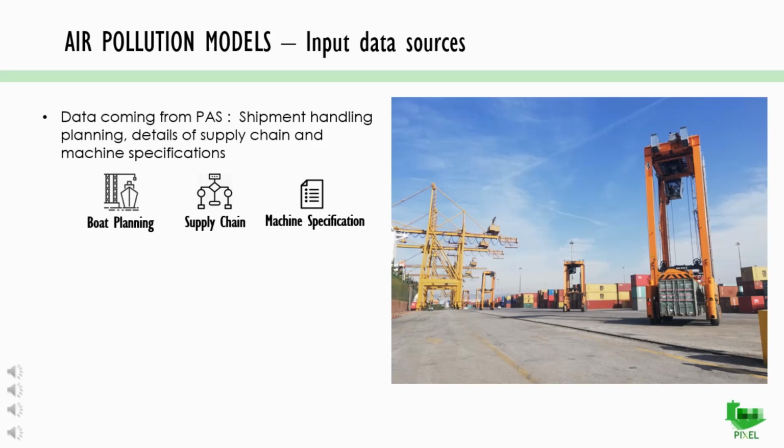Other information can detail the supply chain for each ship. This, with the use of emission factors for specific types of engine, also allows us to calculate the pollutant emission of the operating machinery.